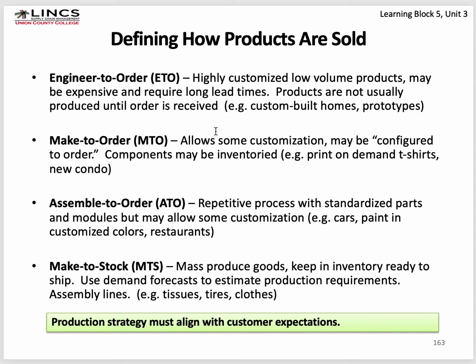So defining how products are made or sold, engineered to order. When we talk about the project process, like the nuclear submarine or the aircraft carrier, they're engineered to order. Not only do you not make them till you order them, you actually have a base engineering drawing and a bill of materials for the base product, but then you engineer it for each specific application.